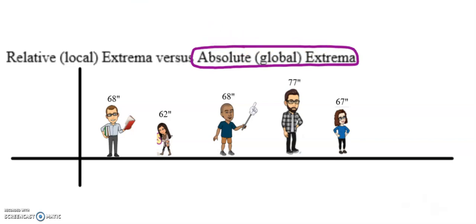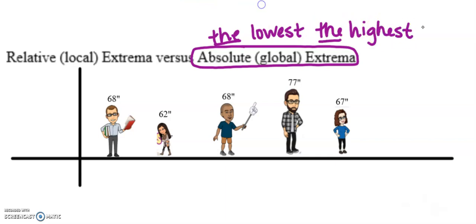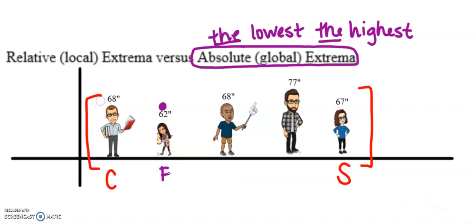I shouldn't use absolute in the definition of absolute. It is the lowest or the highest on a closed interval. Well, my closed interval is going to be this set of math teachers, so from Covey to Schwartz. Our absolute minimum is going to be Fry, and our absolute maximum is going to be McConey.